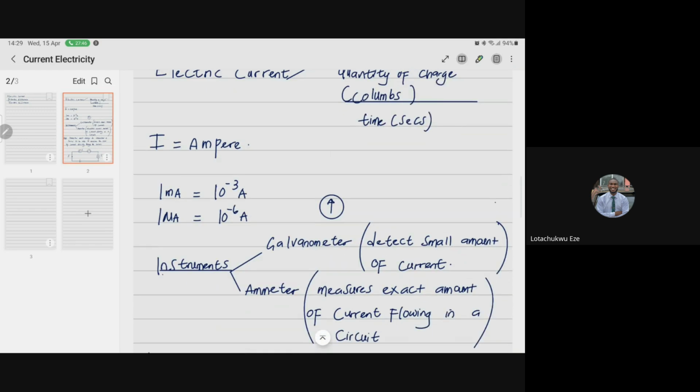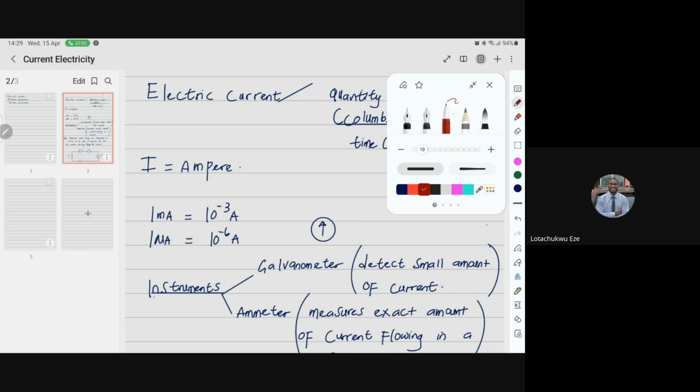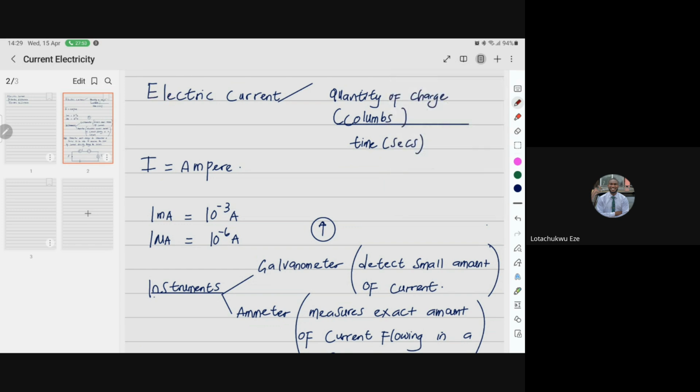Remember, I've spoken about electric current, and I've said key things about electric current, always connecting them in series. When we look at your voltmeter, you will see that we always connect our voltmeter in parallel. All of these things will make sense when we start talking about resistance. Have you seen a question where they say you have a bulb connected in series? What do you do to ensure that the bulbs get dimmer? I think there are questions like that.